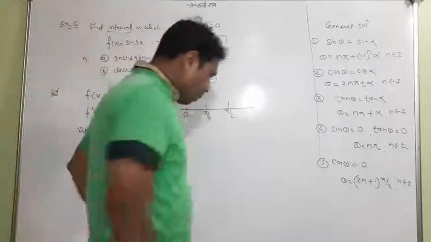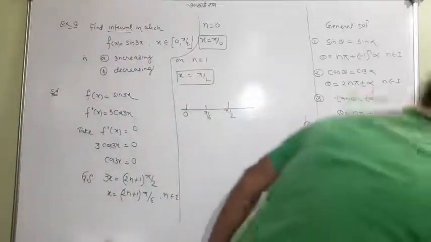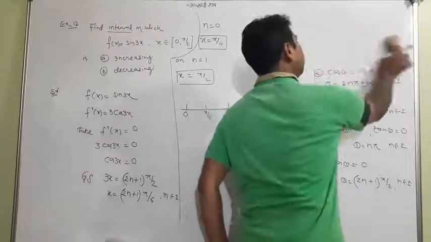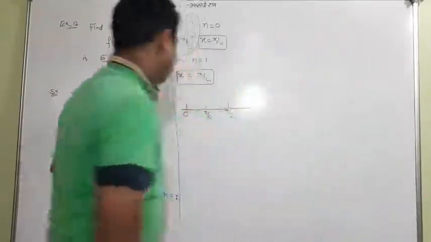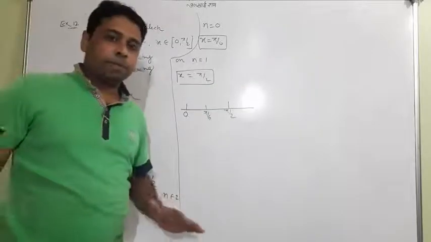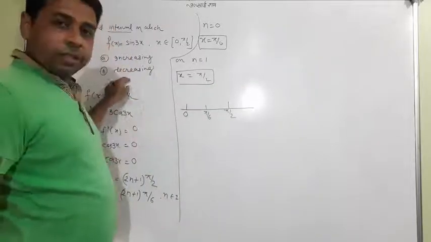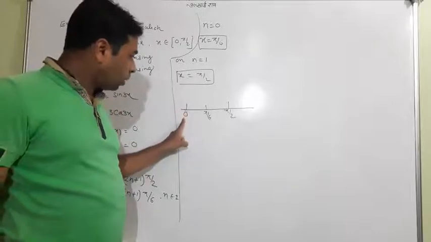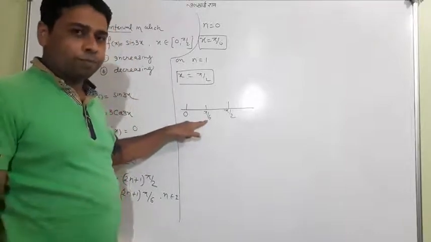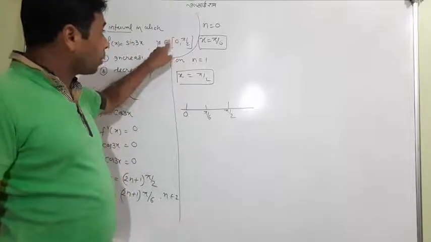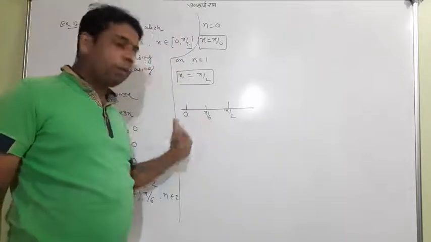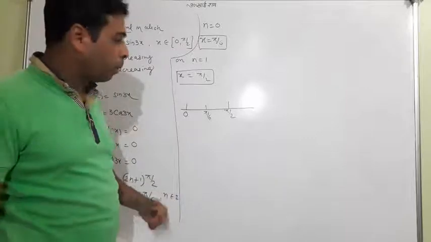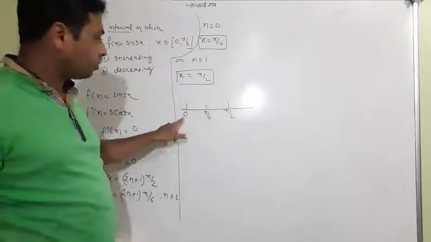So now I'm rubbing all this, because I already told you this one. Look at the thing. Now I will check where it is increasing and decreasing. So I'll check from 0 to pi by 6. 0 will be included, it is specially written here, 0 to pi by 2. So in the whole interval, what is the nature of f dash x? You can take any value.